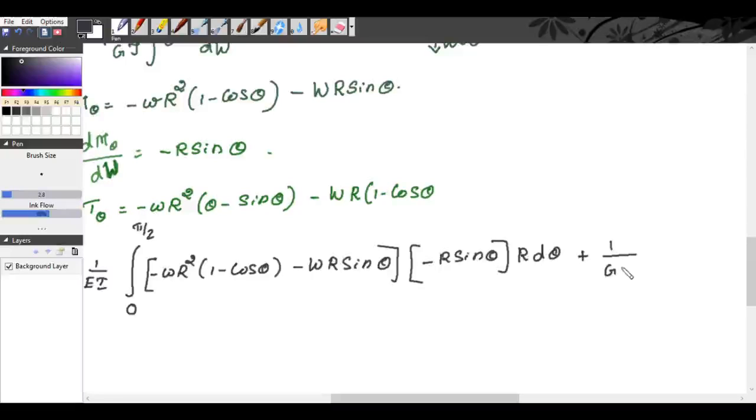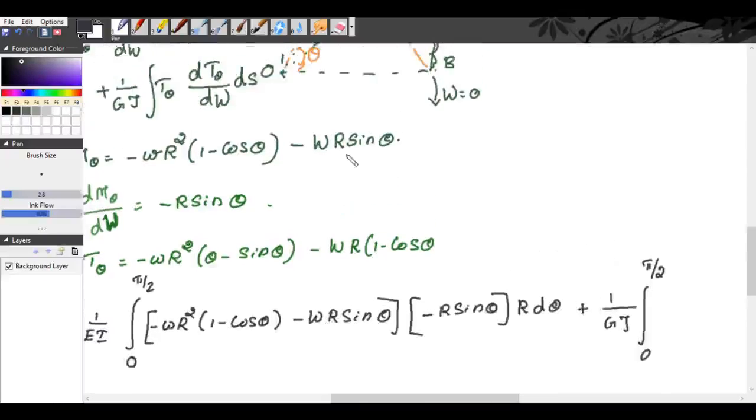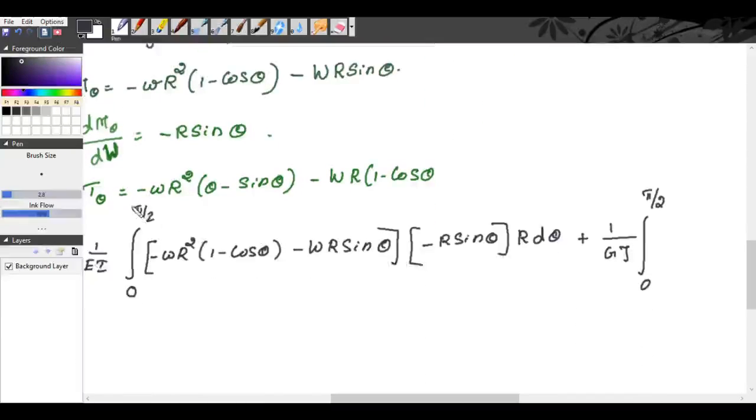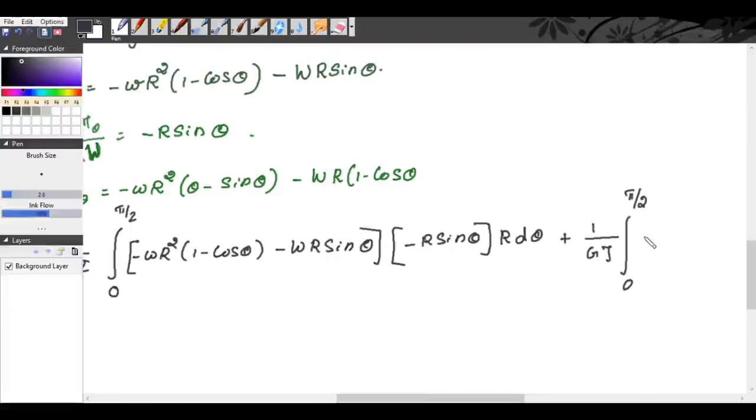1 by GJ into integration of 0 to pi by 2 into T theta into dT theta by dW. So T theta is minus WR square.